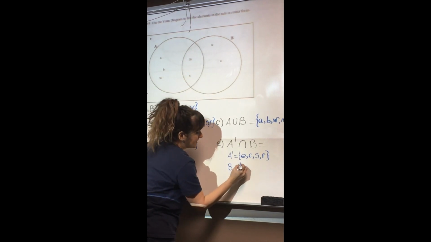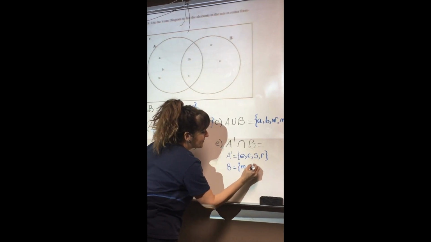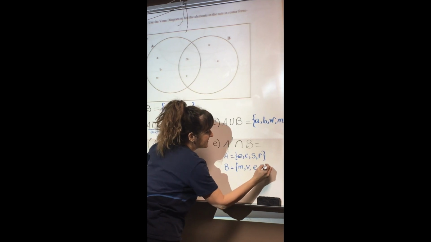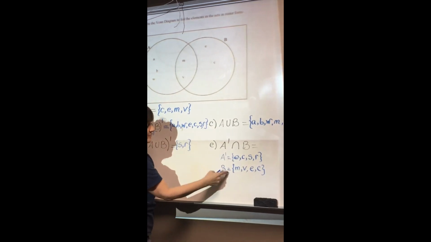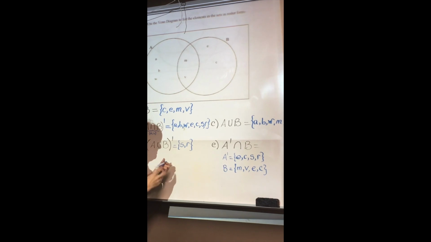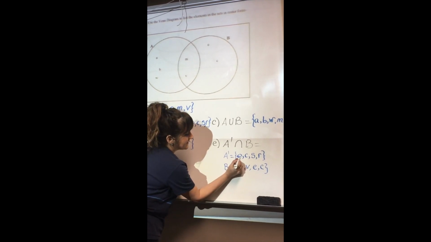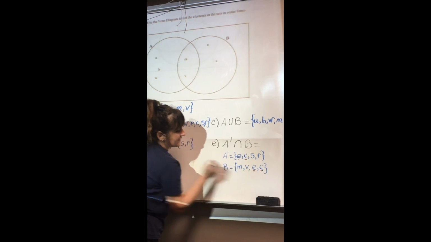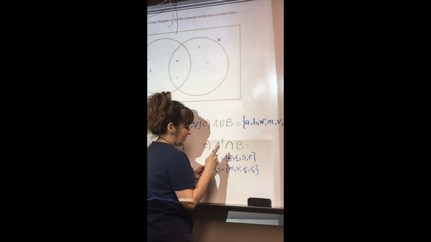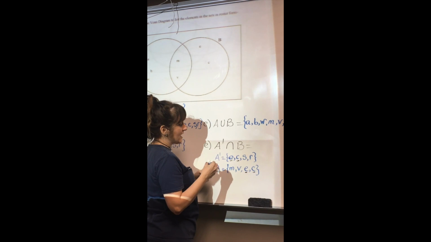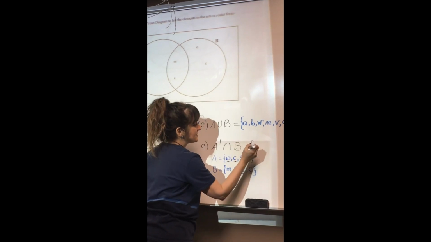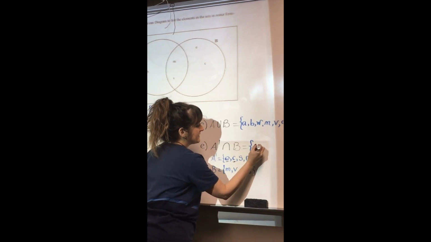M, V, E, C. So what do they have in common? What they have in common is E, C. That's it. So that is the answer for A complement intersection B: E, C.